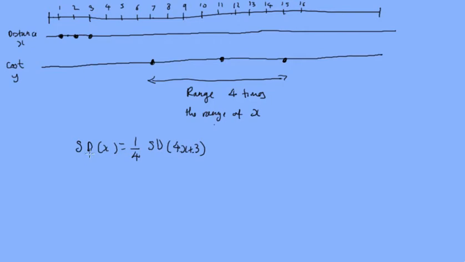And therefore the variance, if you think about it, is the square of the standard deviation. So the variance of x will be a quarter squared, which is 1/16th, times the variance of the coded data set.